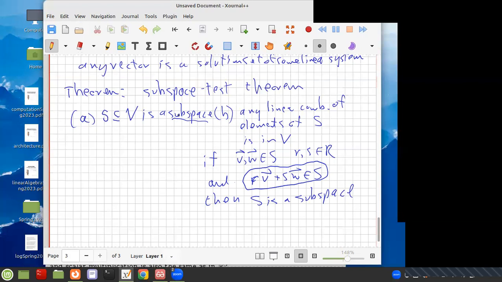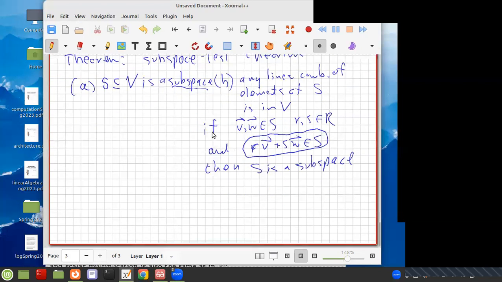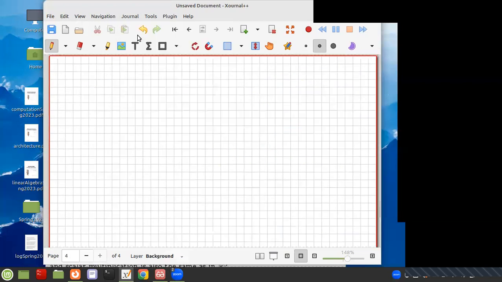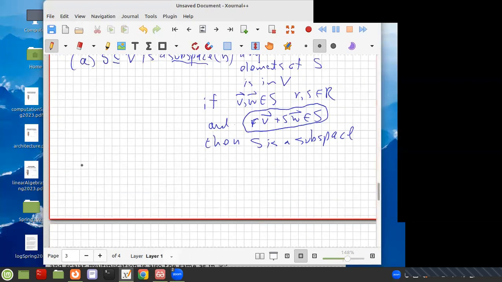Now, since we want to apply this, let's look at an example to see how it works. There are some examples on Rig X. Let's take a set S that equals all the x and y such that x plus 2y equals 0.